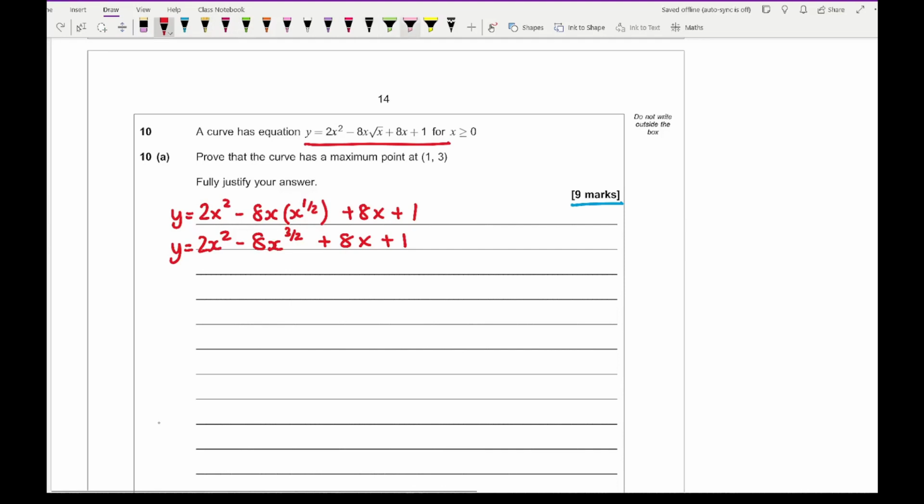Now I've got it written in index form, I can differentiate this expression.